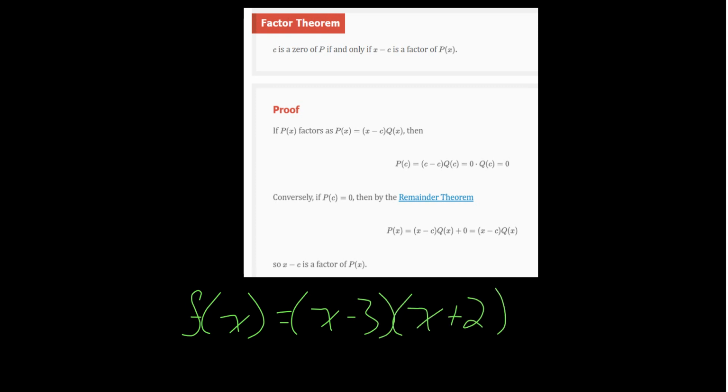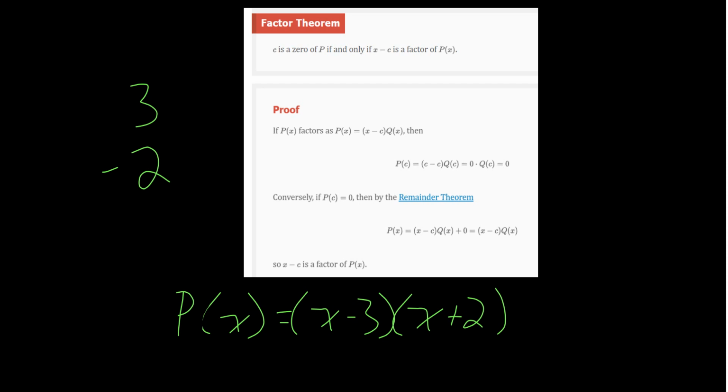Actually, let's keep consistent with the section and call it p of x. A 0 of this polynomial would be a positive 3 and a -2, right? Because if I plugged in a positive 3 here, I get 3 minus 3, and that'd be 0. So those are the zeros of this polynomial.